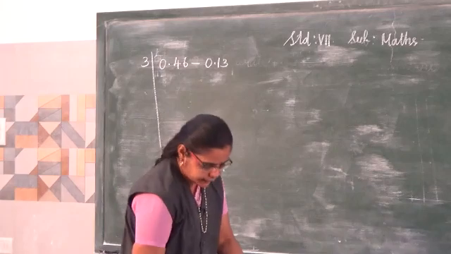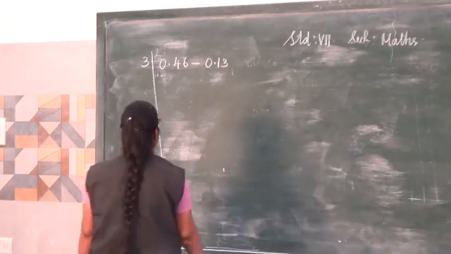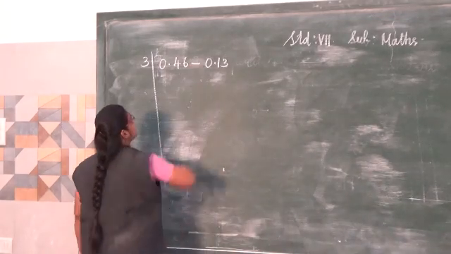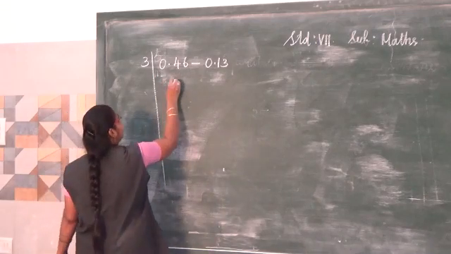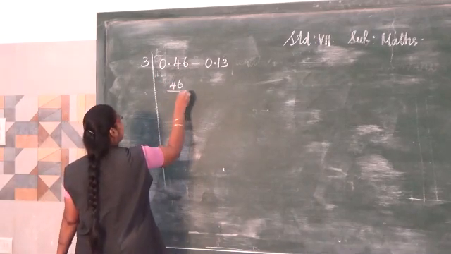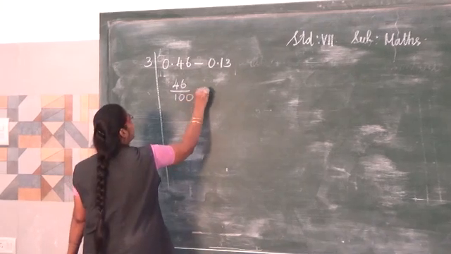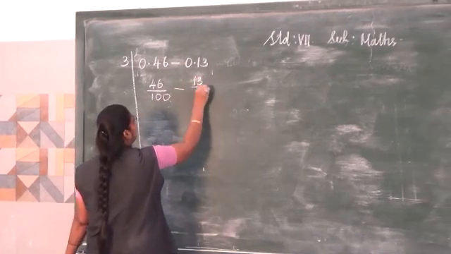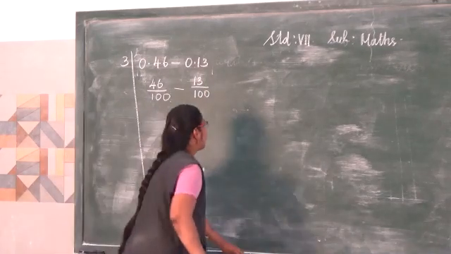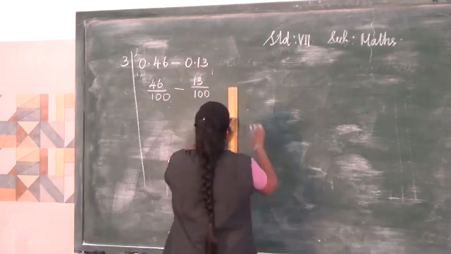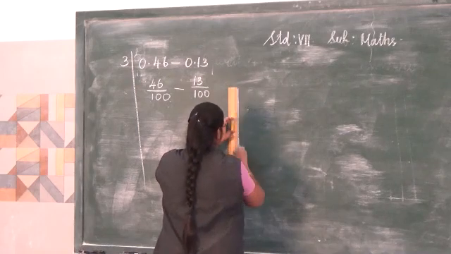So using the grid model, we are going to solve the subtraction. For this, how will you write? 46 divided by 100 minus 13 divided by 100. So for the grid, you will be drawing 10 rows and 10 columns.